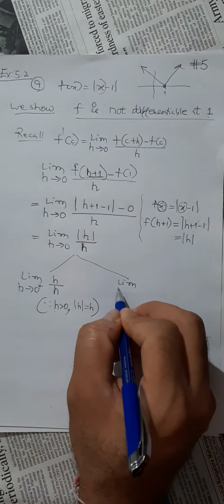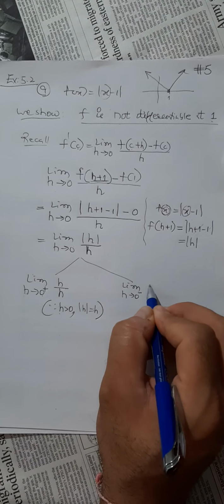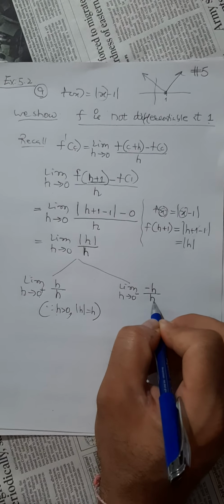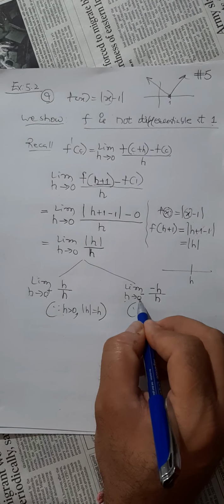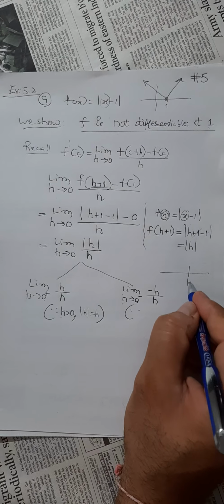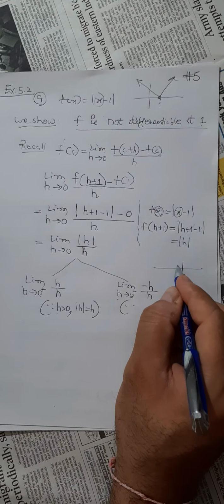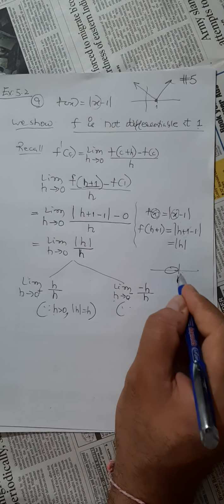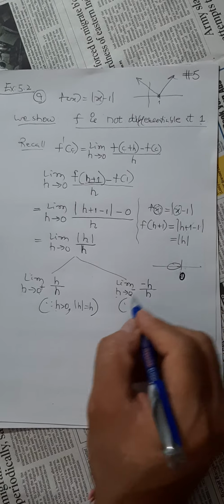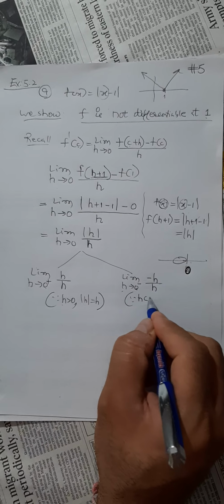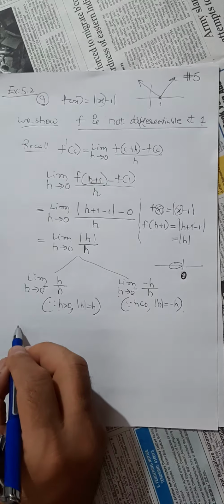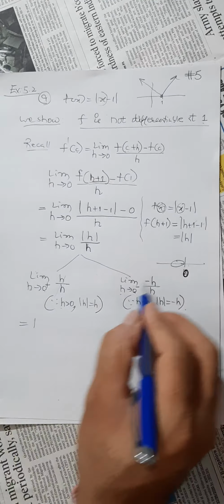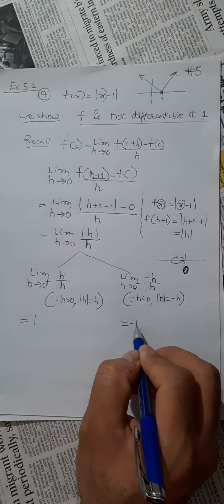Limit h tends to 0 from left, this is minus h upon h. Why this? Here h is very close to 0 from the left side of 0, so h is negative. You know all these things. So modulus h becomes minus h. This will get cancelled, giving 1. This will get cancelled, giving minus 1.